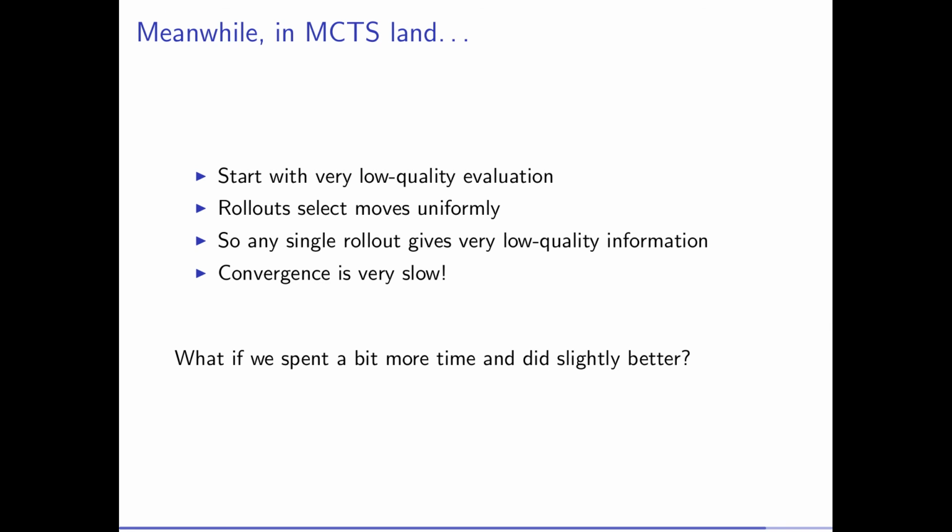Because the rollouts select moves uniformly at random in this way, any single rollout only gives us very low quality information for improving our evaluation, which means that convergence of our guess about how good a node is to the correct answer is very, very slow.